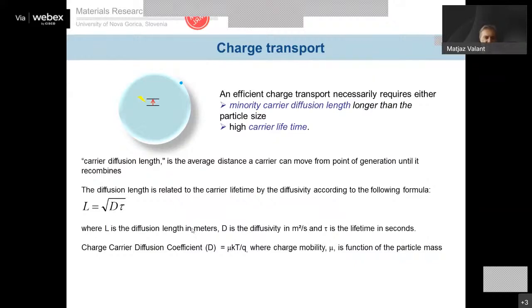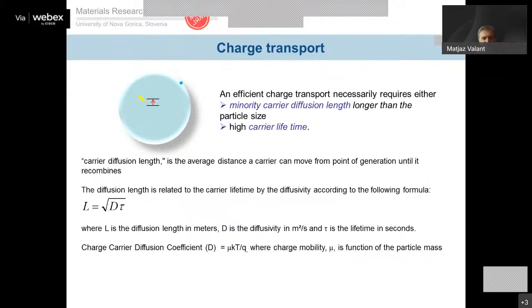So this particular issue, I just give you an example. Iron oxide, hematite, would be a really good photocatalytic material. We know it's reddish, a little bit red to brown, so it absorbs in the visible range.